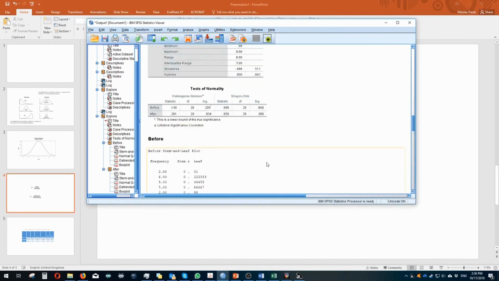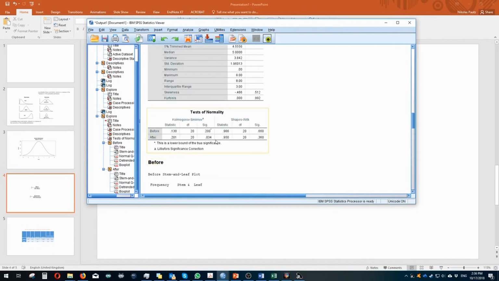Right, so here we're looking at the tests of normality. The KS test should be interpreted when you have a sample size of 100 or more, and if your sample size is less than 100, focus more on the Shapiro-Wilk, or the SW test.